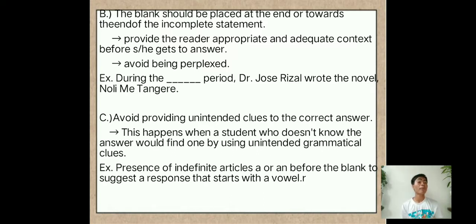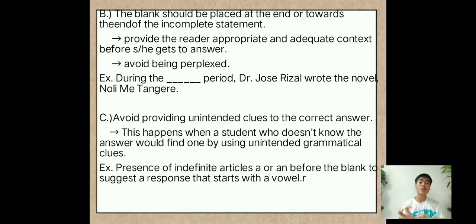Provide the reader appropriate and adequate context before he or she gets to answer. Avoid being perplexed. As a teacher, while making a task, you should avoid preparing perplexed statements or questions that will give difficulties to students in comprehension, especially to beginners.